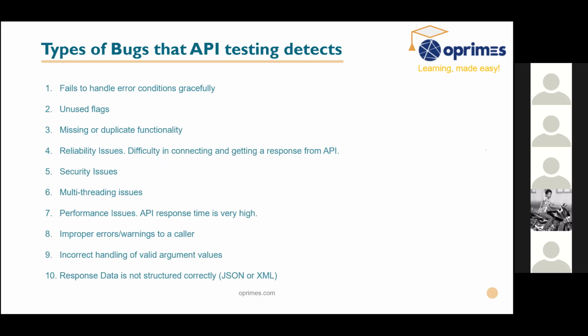Cool. Moving to the next slide: what are all the bugs we can get in the API? To handle the error, say for example, there is a string "hello world" with a space. But in my database, I don't want any space in the string. Consider email ID: an email ID should not be allowed with any spaces, correct?